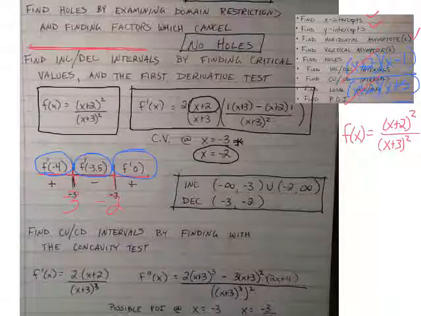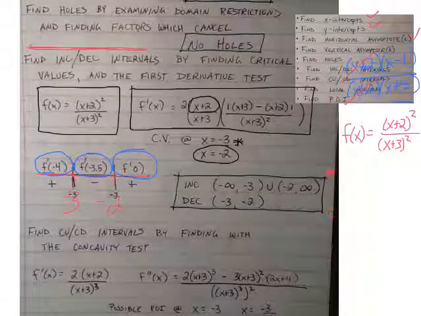And I saw that within the interval less than -3 it was positive, the interval between -3 and -2 it's a negative, so it's decreasing, and then the interval after -2 is positive, so that would be increasing.